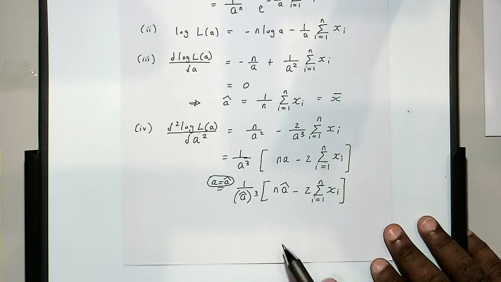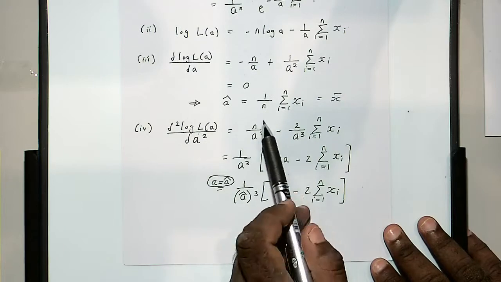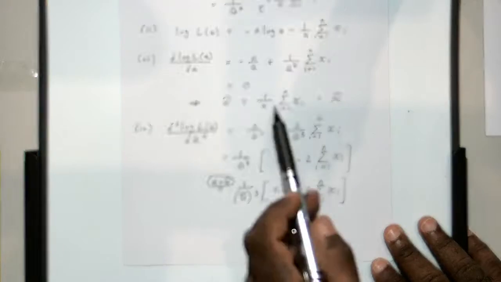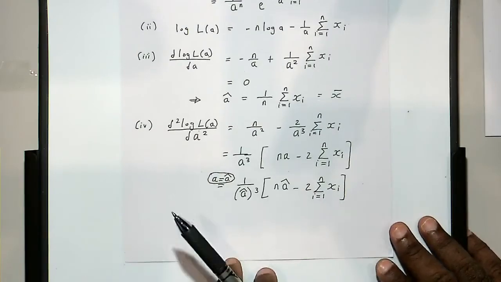Now we know from here that A hat is equal to 1 over n times the sum of xi.